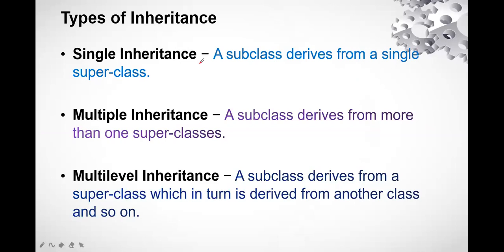I think this theory will not help you much. We will see it from the pictorial graph that we have forward in the PPT. So when I say single inheritance, let's say we have a class that is flower, right?